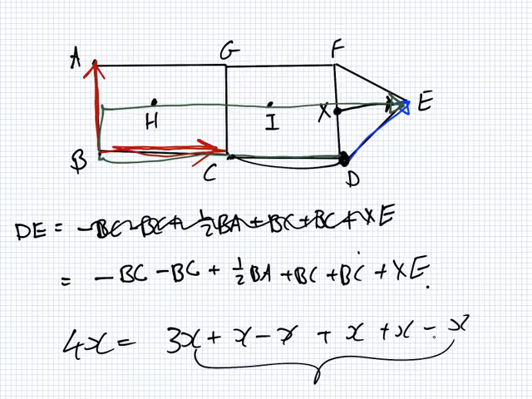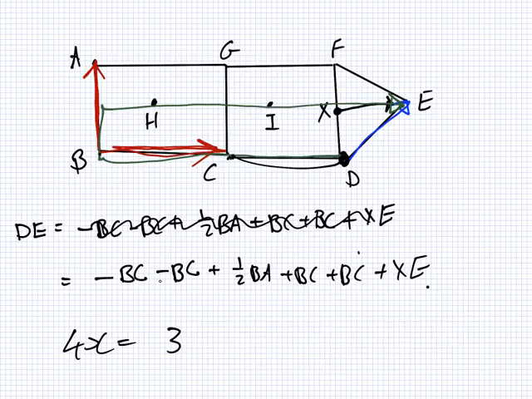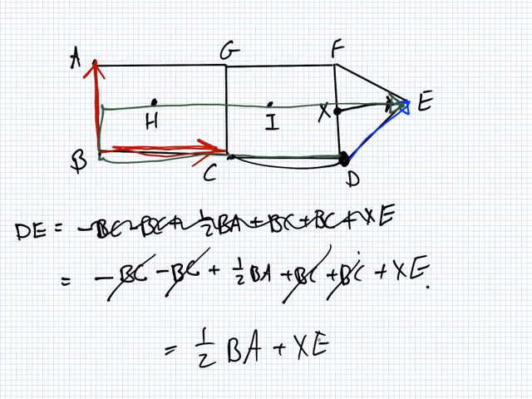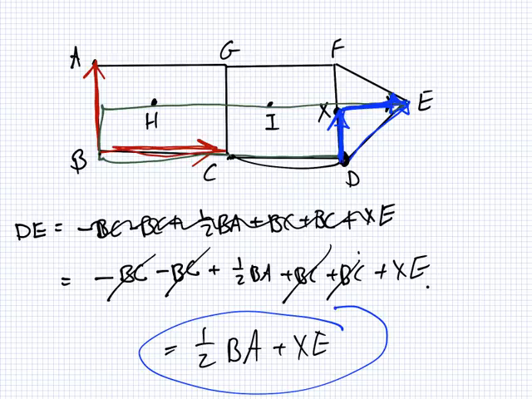It doesn't matter. And anyway, it's not very long because some of this cancels. So it's just a half BA plus XE. Which makes sense because it's this one plus this one. This plus this, yeah?